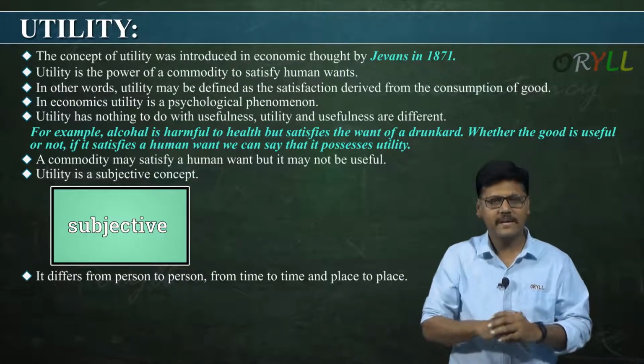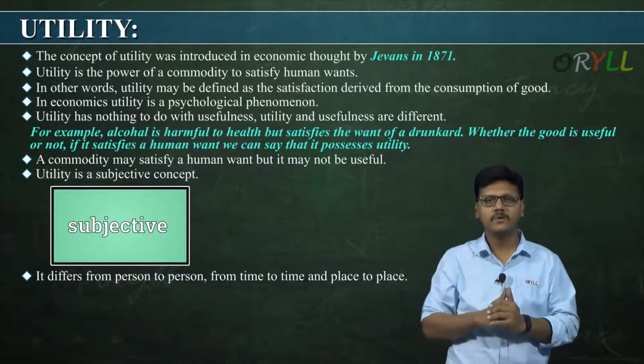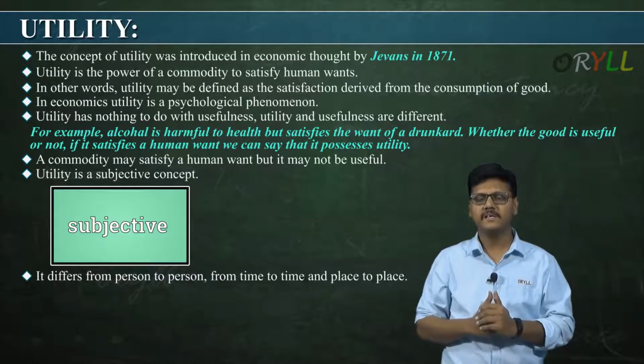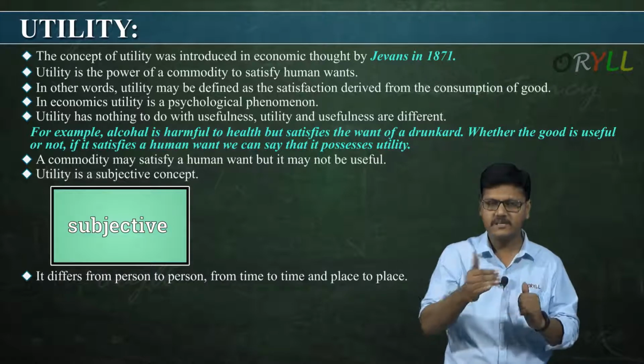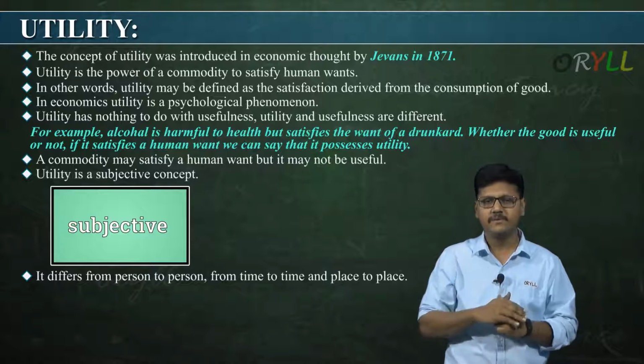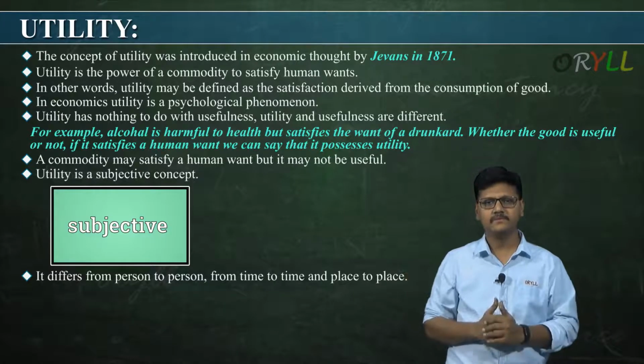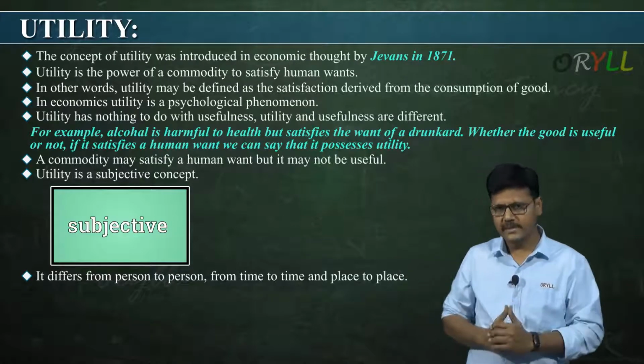Whereas in hot areas, cotton clothes give better satisfaction, whereas woolen clothes give difficulty. So, as place changes, utilities differ, as time changes, utilities differ, and as persons change, utilities also differ.